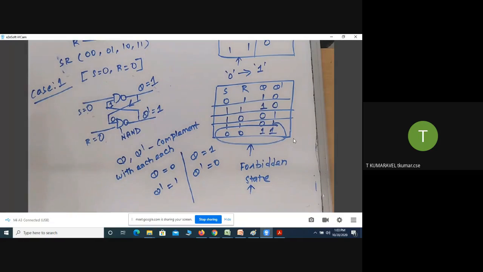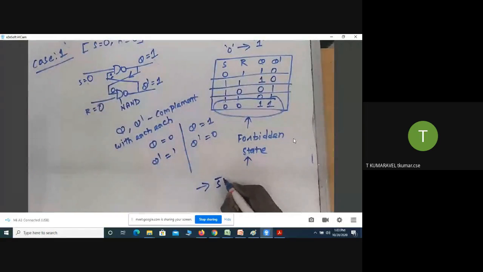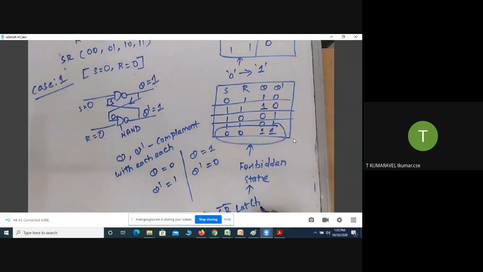Now I'm going to compare. This SR latch using NAND gate is otherwise called an S bar R bar latch. I will tell you why it is called an S bar R bar latch.